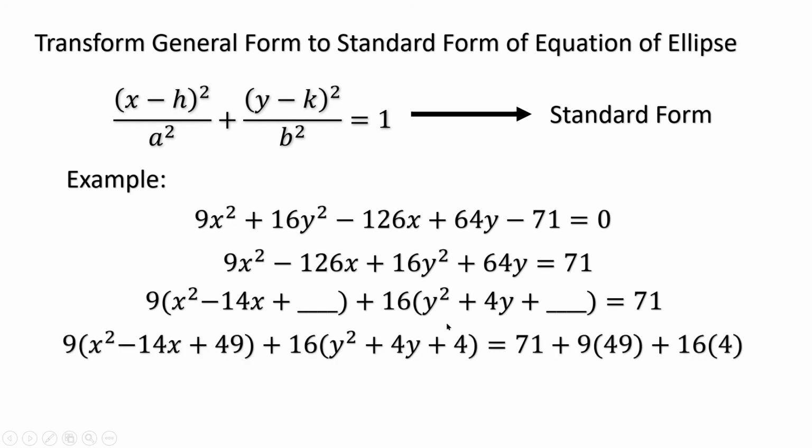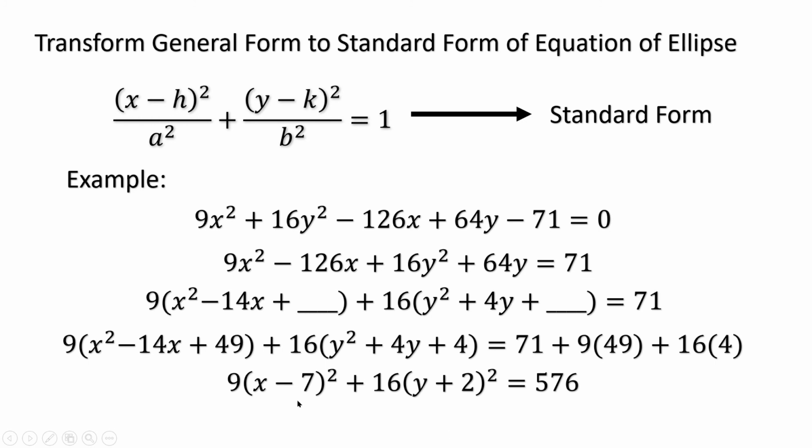To complete it, we divide the middle term by 2 and then square it. Negative 14 divided by 2 is negative 7, and its square is 49. Then we add the same quantity to the right side. For the other term, 4 divided by 2 is 2, squared is 4. So we also add the same quantity to the right side: 16 times 4.